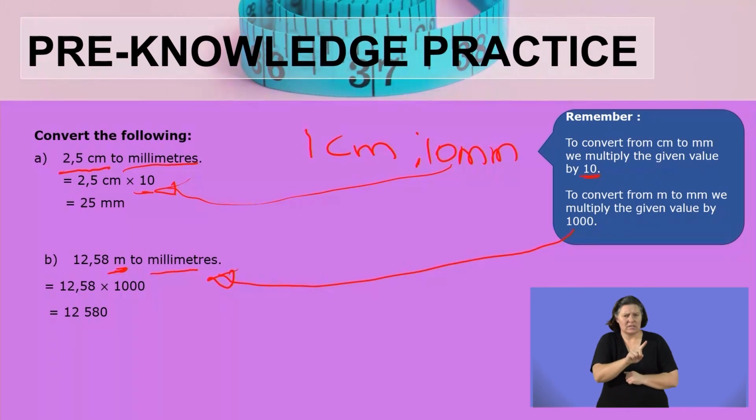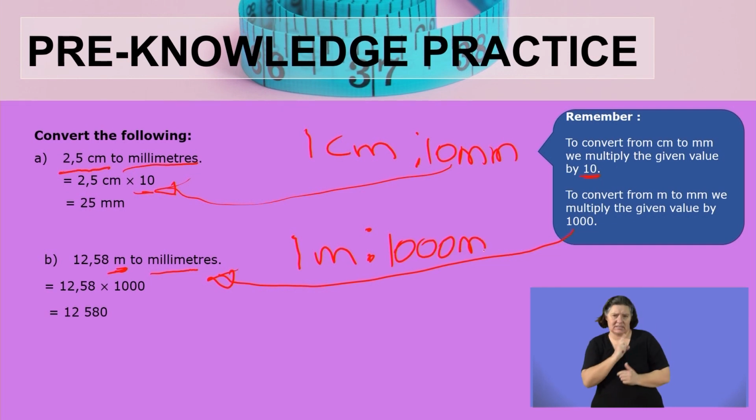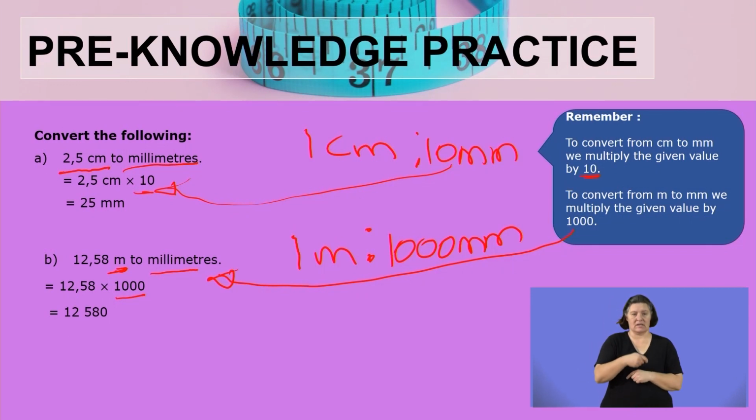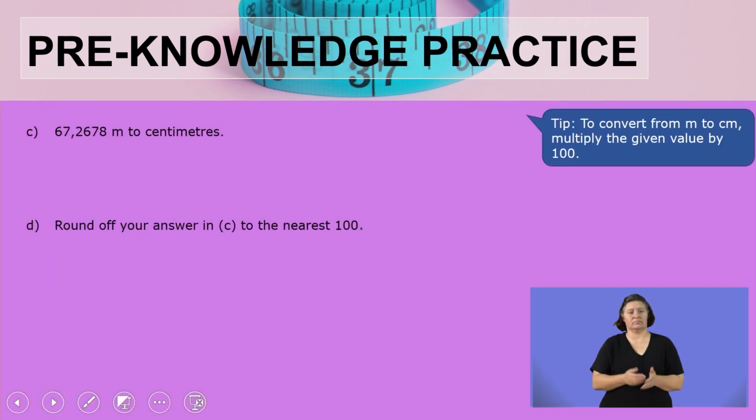All it means is 1 meter is equivalent to 1,000 millimeters. As a result, we multiply by 1,000. When we multiply 12,58 by 1,000, we get 12,580.